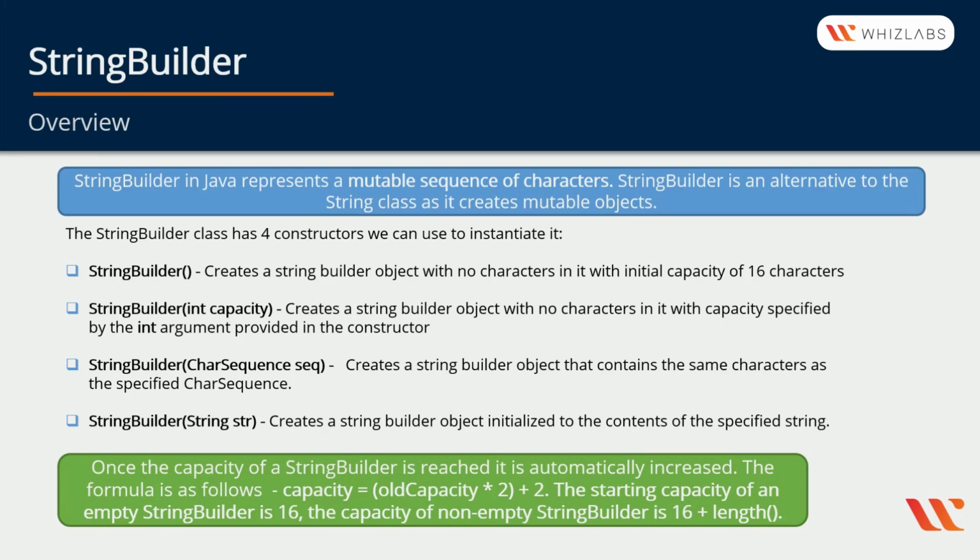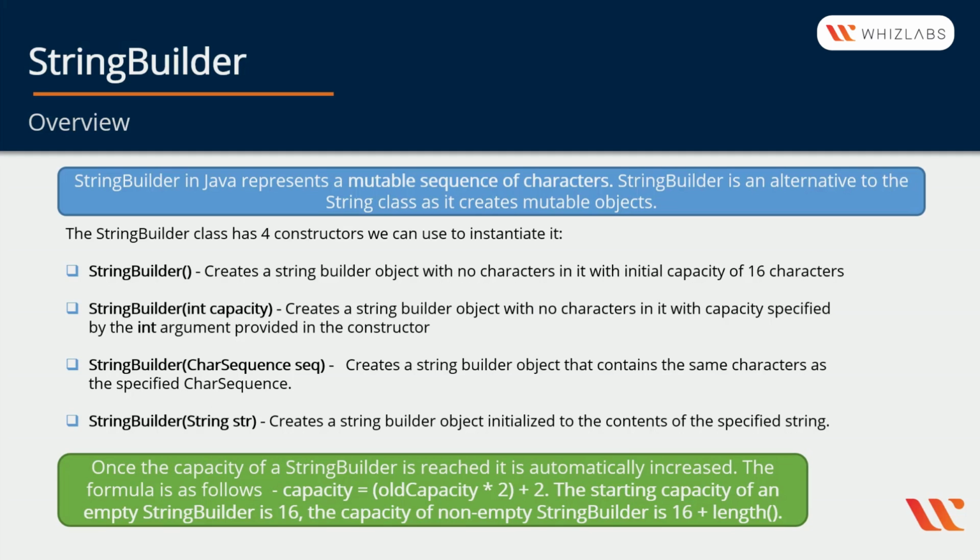StringBuilder, which takes a CharSequence argument, creates a StringBuilder object that contains the same characters as the specified CharSequence. And lastly, probably the most used one, StringBuilder that takes a String object as an argument, creates a StringBuilder object initialized to the contents of the specified string.